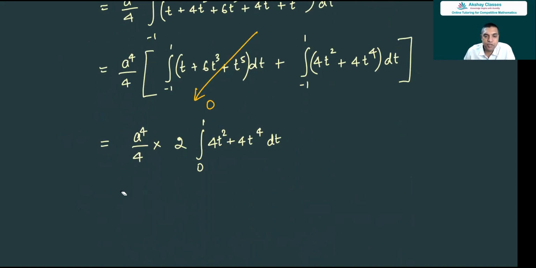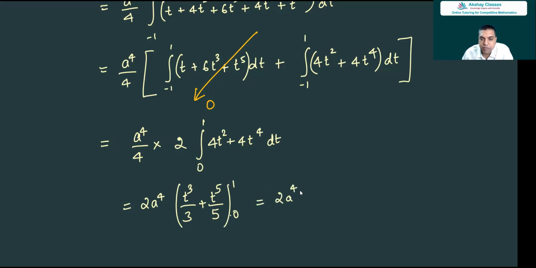4 comes out and 4 cancels with the bottom. You have 2a power 4 into t cube upon 3 plus t power 5 upon 5 from 0 to 1. So we get 2a power 4 into 1 upon 3 plus 1 upon 5.